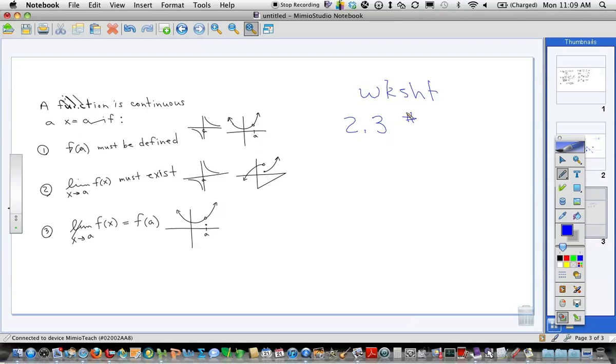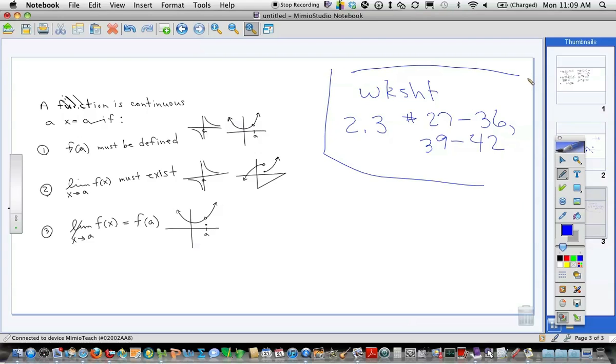This is that picture, that graph, but I want you to practice these. 27 through 36 and 39 through 42. That's the one where the limit is x approaches 1, you look at the graph, boom, you write down a number. It's looking at them from the graph. I think people found it pretty easy. But both sides of the worksheet, and then those problems in section 2.3.